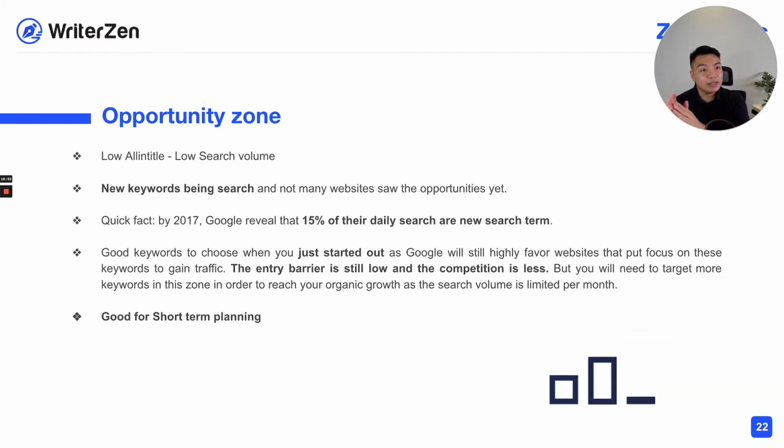Ranking for them now will help you establish your expertise later on. So they're good for short-term planning, but also very good for long-term planning, right? Because eventually the work you put into this zone will pay off compoundingly over the years, right? So this is the opportunity zone.